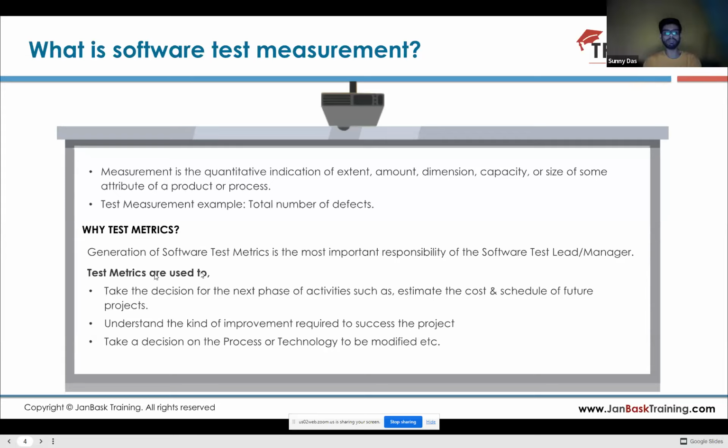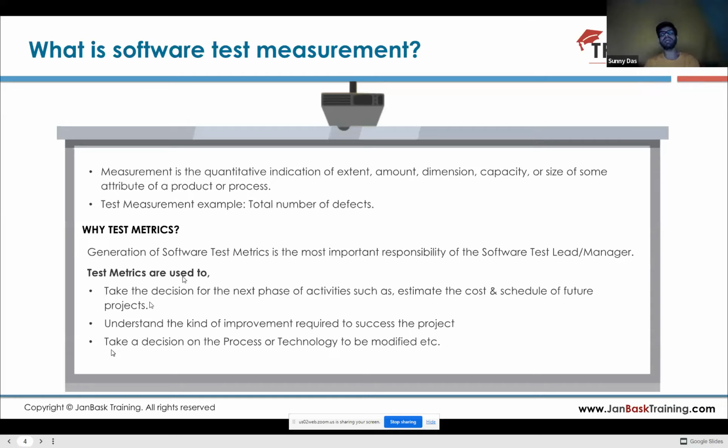So test metrics, where they are used. These are used to take decisions for the next phase of activities, such as estimating the cost and schedule of future projects. So how is it going to help you with the estimation? Suppose you have say 50 test cases in the current phase of testing.